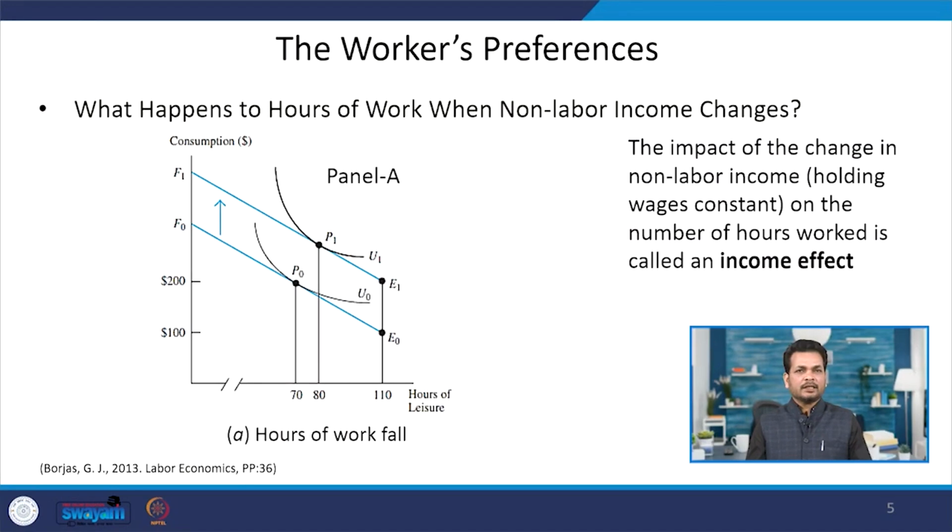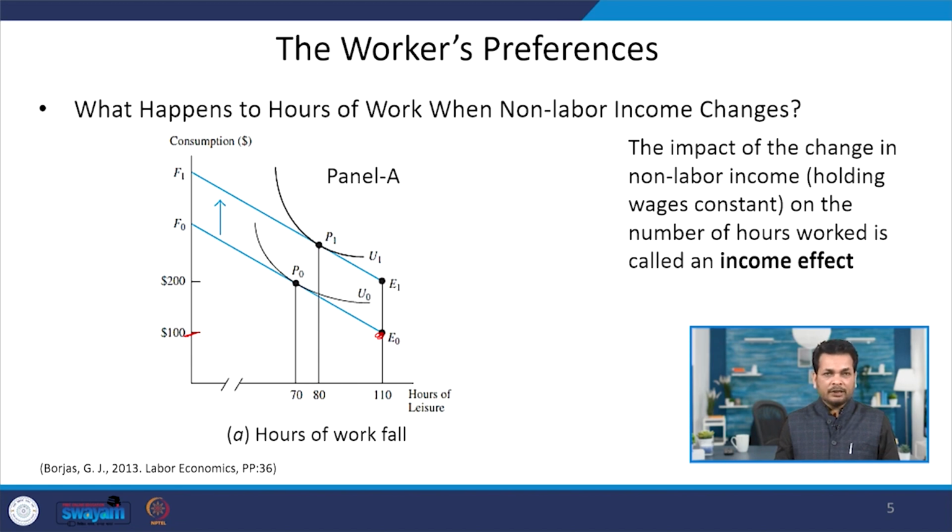Now, you can see in this graph the endowment point at point E0, which means the worker has a non-labor income of $100 with the wage rate of $10.